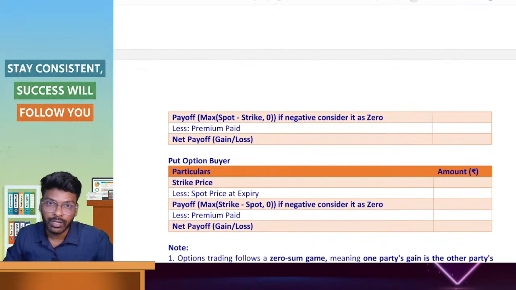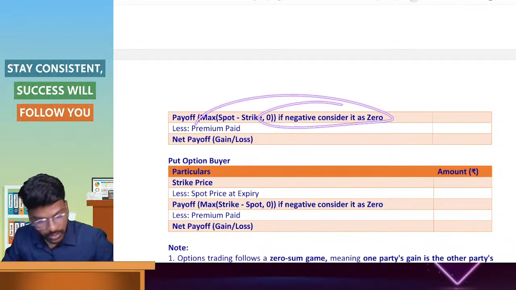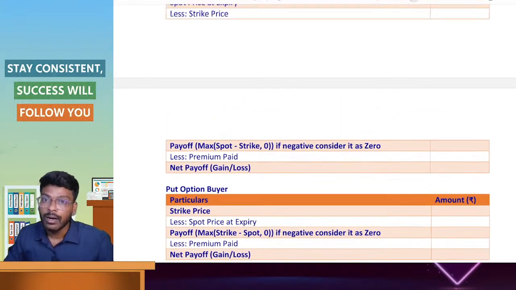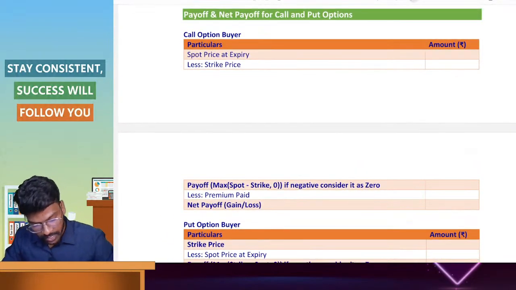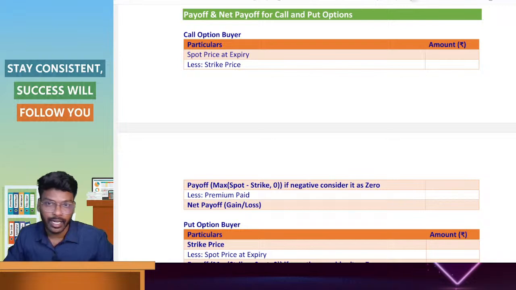If it is negative, you have to write 0 straight. If it is negative, there is a loss scenario, so the option buyer will not exercise this option.